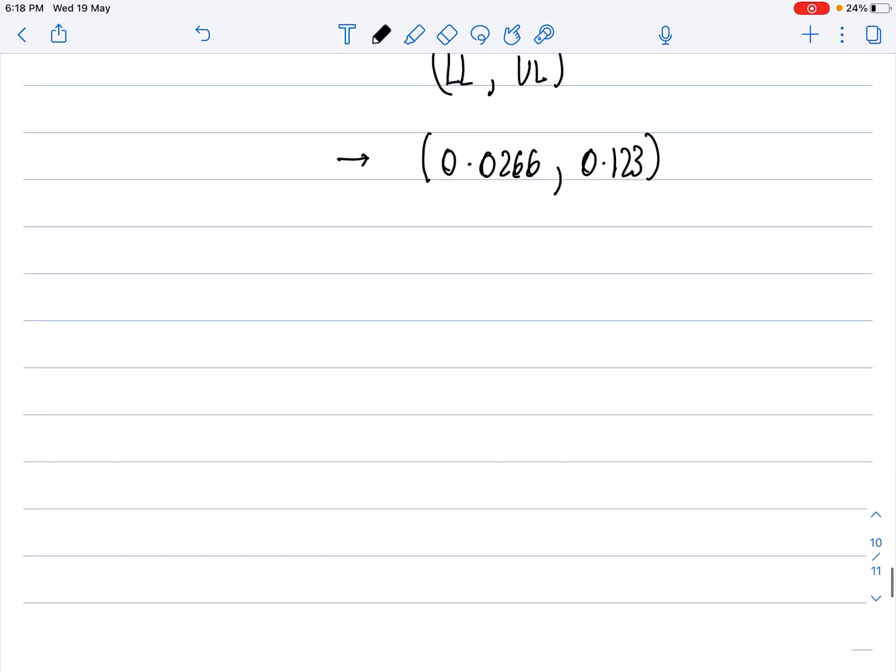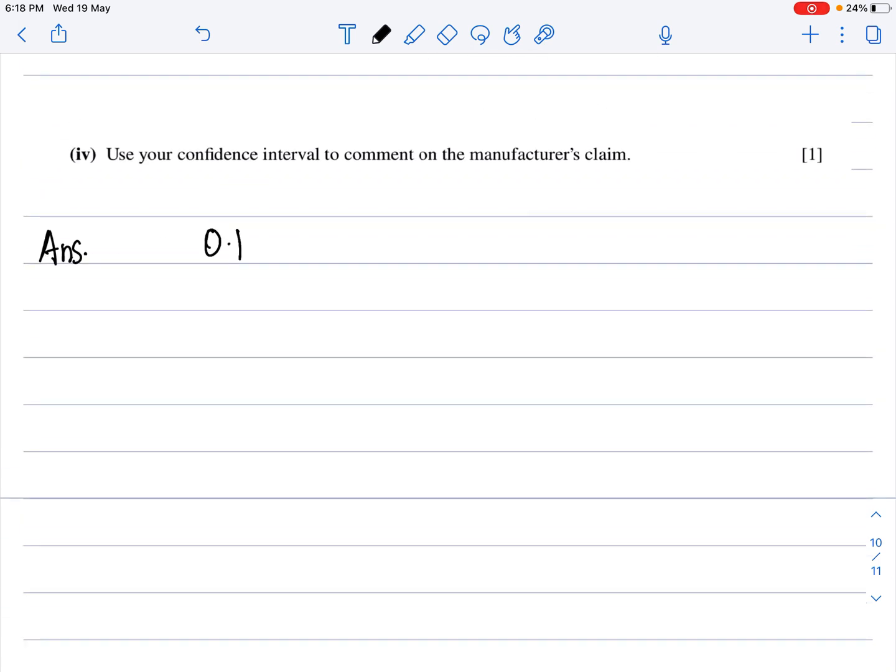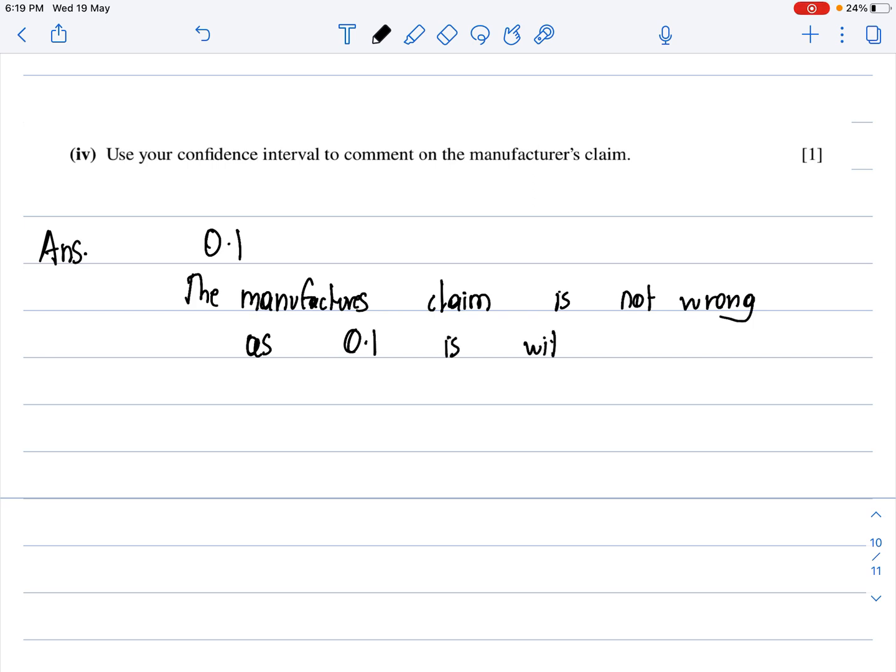If you see, 0.1 lies within the confidence interval, which means the manufacturer's claim is not wrong, as 0.1 is within the confidence interval.